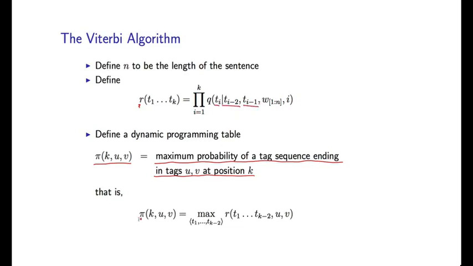And we define pi(k, u, v) to simply be the maximum probability for any tag sequence ending in u and v at position k. So that's what this definition is saying. Again, that's very similar to what we saw for hidden Markov models. In hidden Markov models, we also saw a dynamic programming table of this form, where these pi values correspond to maximum probabilities of prefixes of tag sequences.